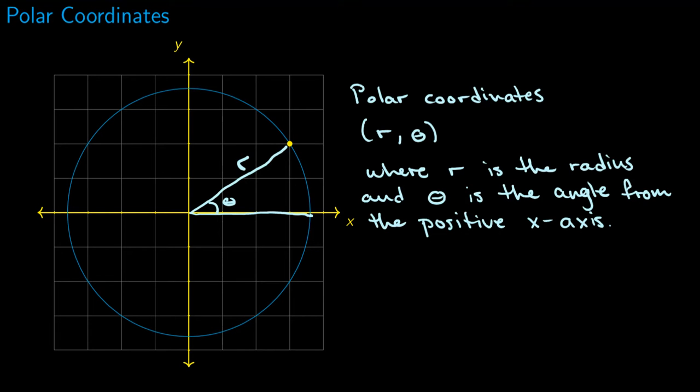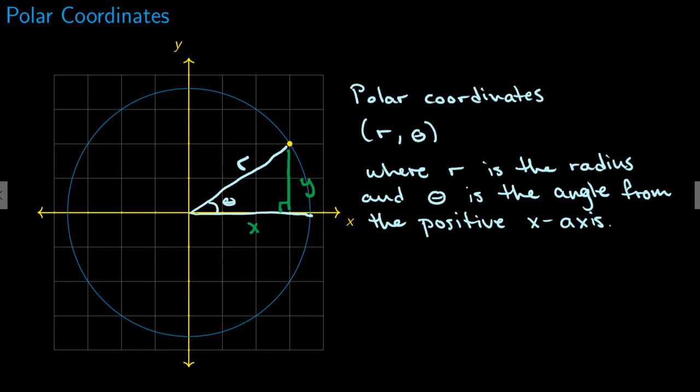So if I was given something in polar coordinates, I want to know how can I go back to Cartesian coordinates, the xy coordinates. And one way to do this is to make a right triangle by dropping a vertical line to the x-axis. And if I have this right triangle, then the adjacent side here is just going to be the x-coordinate, and the opposite side is going to be the y-coordinate.